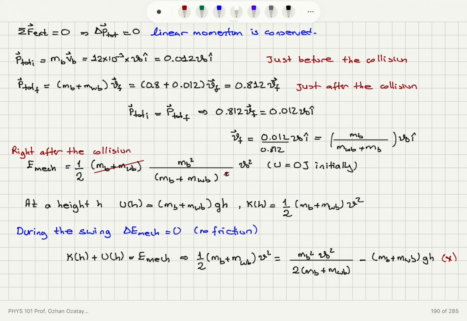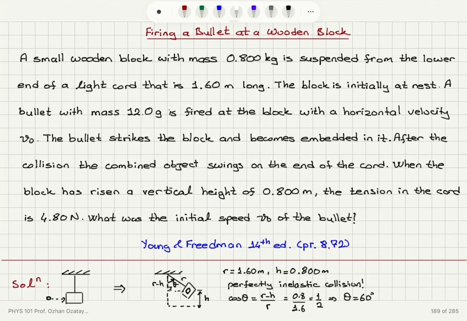All right, and this equation gives us the final velocity of the combined object just after the collision in terms of v0. And after the collision, we have mechanical energy conserved in the system.